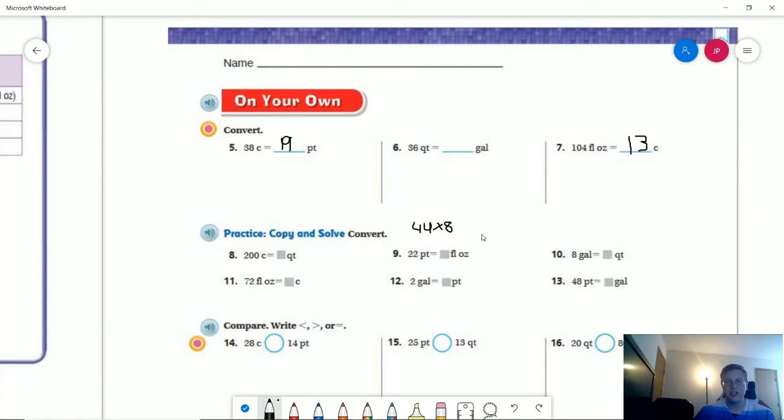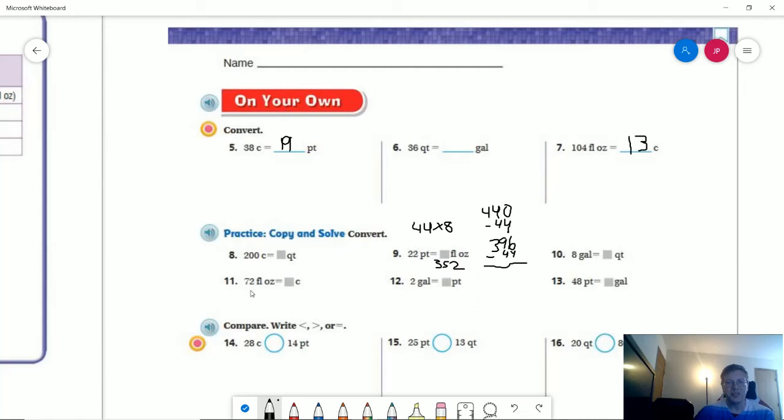So what I'm going to do is try to do this in my head. I can do 440, which would be 10 groups, and then take away 44, and that is going to give me 396, and then take away 44 again, and that would give us 352 fluid ounces.